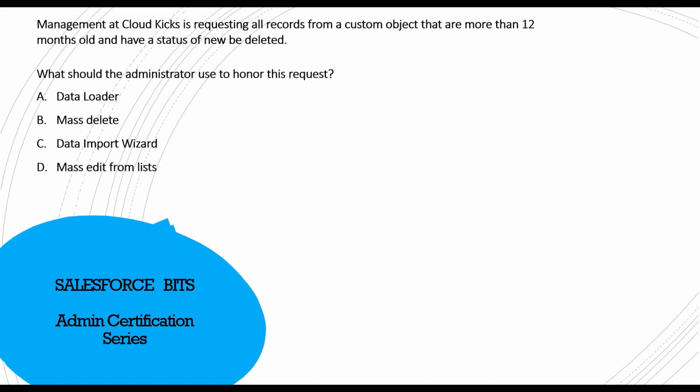And the data import wizard, you cannot delete from the data import wizard. It's only add, update, or kind of upsert, I would say. There is no delete option in the data import wizard. And the mass edit from the list, that's also not useful because we have to delete. We don't have to edit multiple records in a single go, but the data loader is the right option.